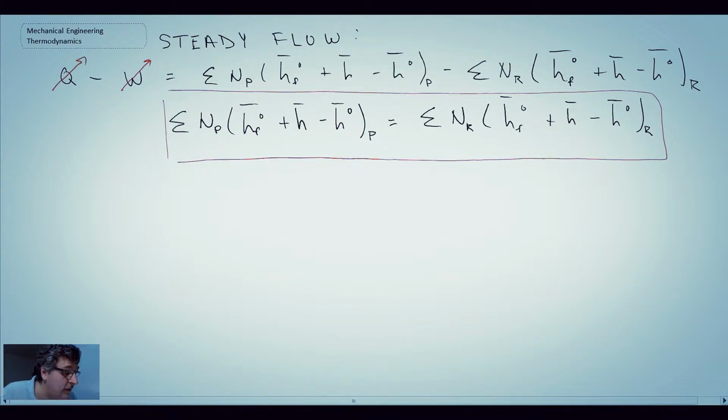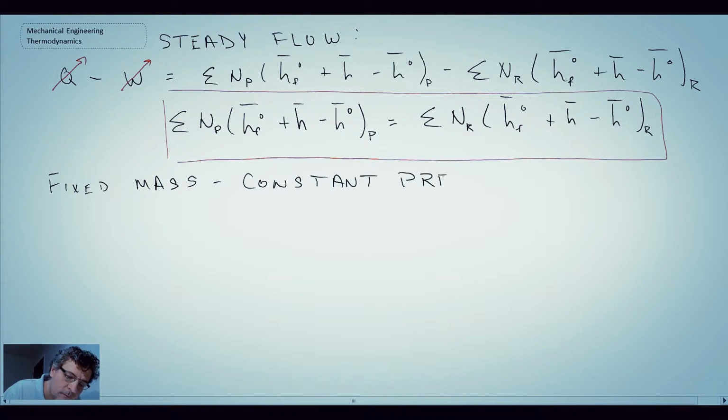Now for fixed mass systems, we'll begin by looking at constant pressure. This would be a process whereby you have constant pressure combustion, such as the Brayton cycle that we looked at.